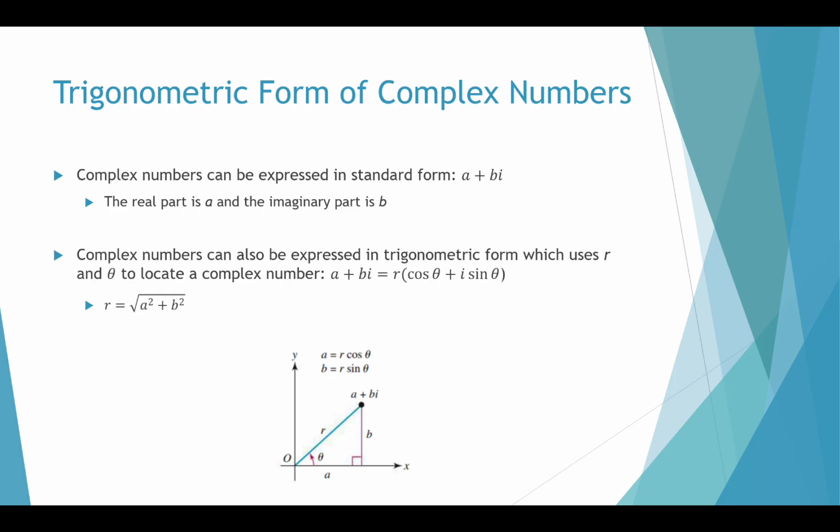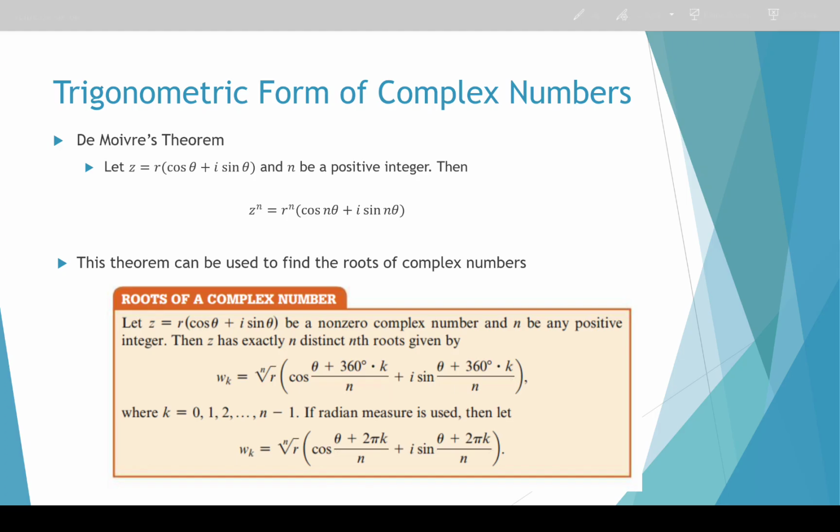And so this is how they're related. a is equal to r cosine of theta. b is r sine of theta. So this relationship works, and we use this often when we're finding roots.